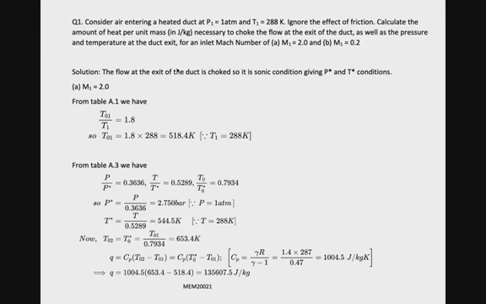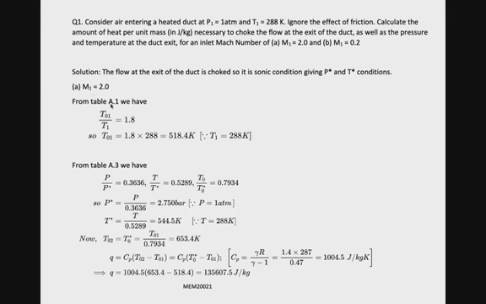We know upon choking M is equal to 1, that is the sonic condition, and its properties at M equal to 1 are denoted by P star reference and T star reference conditions. For A, M1 is equal to 2.0.